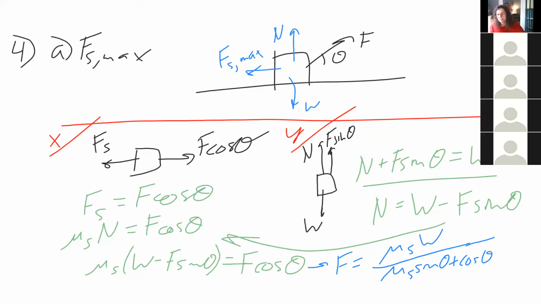Not a beautiful equation here. However, for part A, we have everything that we need to solve. On the right-hand side, we can plug everything in there. And for part B, we want to find a value of theta for which F is a minimum.